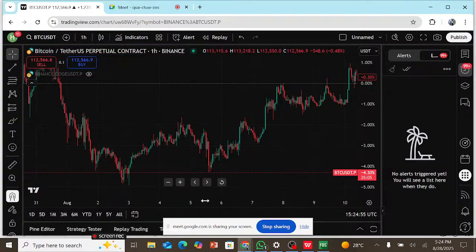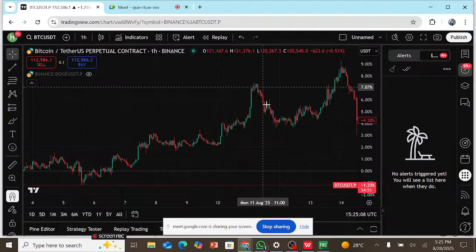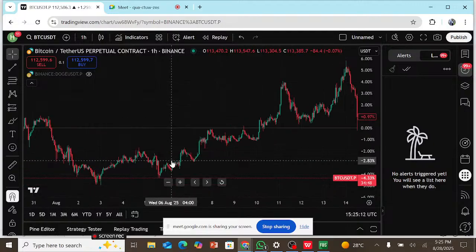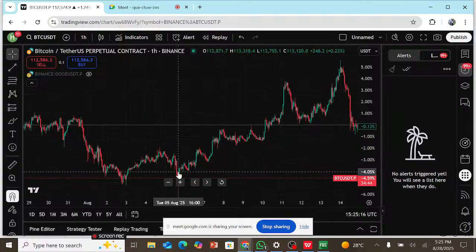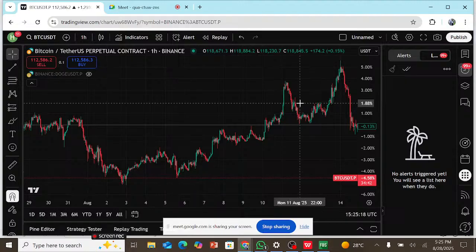Here I have the market started from here and it has gone up. Then it made a retracement. It went up, it made another retracement, it went up, made another retracement until it changed its form. Once you have a situation where the market is going up like this, now we call it uptrend.